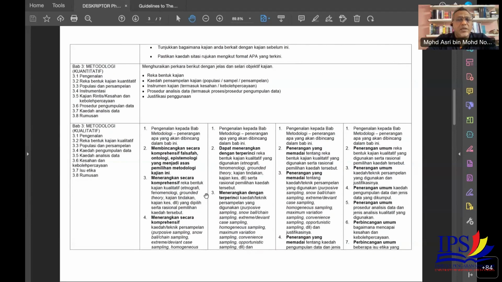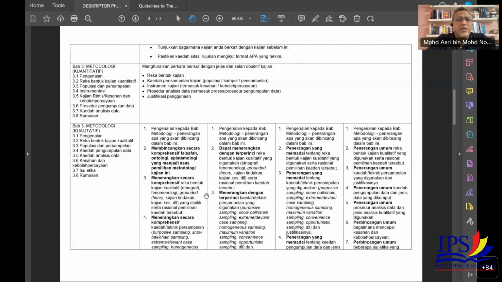So that's the general overview of what a research project is all about, for you to understand.